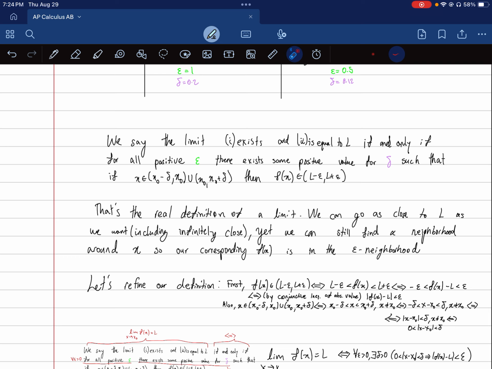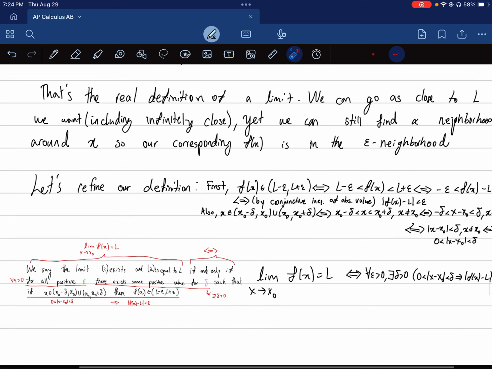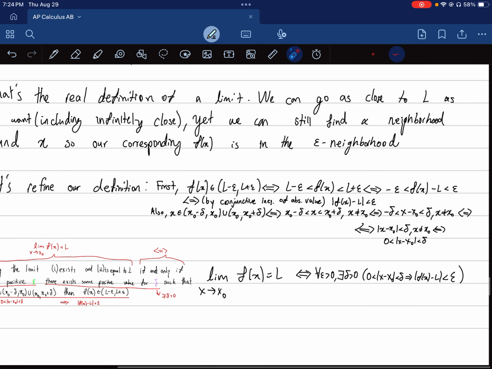We can go as close to L as we want, including infinitely close, yet we can still find a neighborhood around x so that our corresponding f of x is in the epsilon neighborhood. So let's redefine our definition.